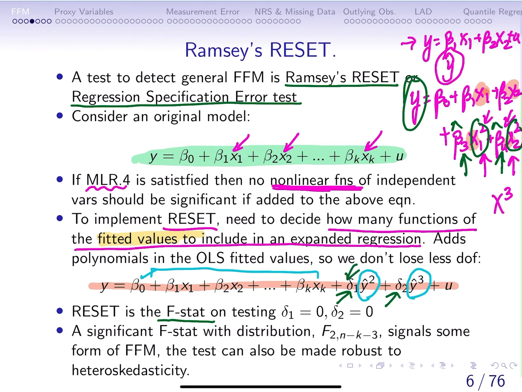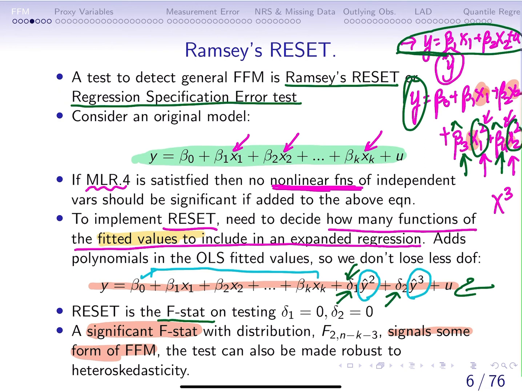But a significant F statistic, or an F stat with a very low p-value, say 0.05 or less, is going to signal some form of functional form misspecification in your original regression. That would signal that maybe you want to think about adding some explanatory variables in quadratic or cubic form. But obviously you don't have to do cubic, you can just stop at quadratic.